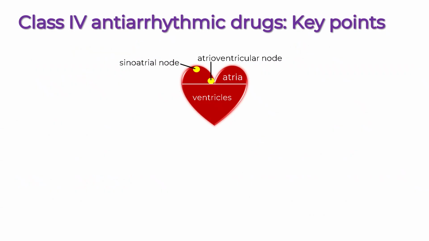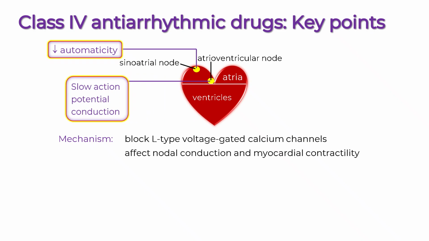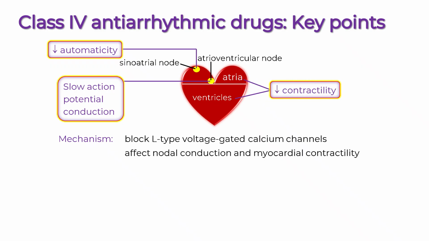To conclude, Class 4 antiarrhythmics act by blocking L-type voltage-gated calcium channels, primarily affecting nodal conduction and myocardial contractility. They reduce automaticity at the sinoatrial node and conduction through the atrioventricular node, as well as reducing muscle contraction.